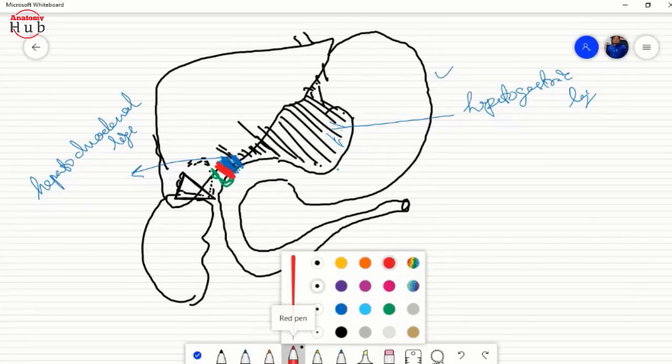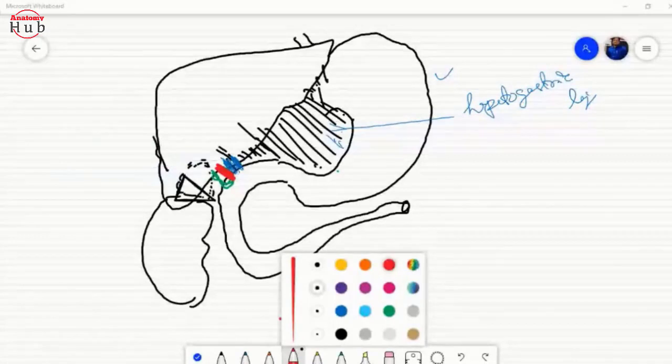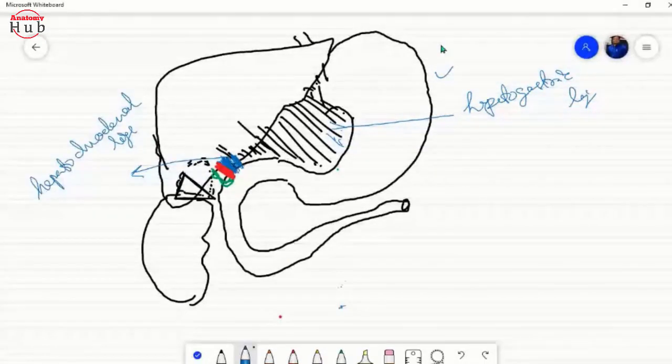And here you will find there is the presence of one vein, that is the portal vein over here, right? Here you will find the artery, the hepatic artery, and here you will find the duct.